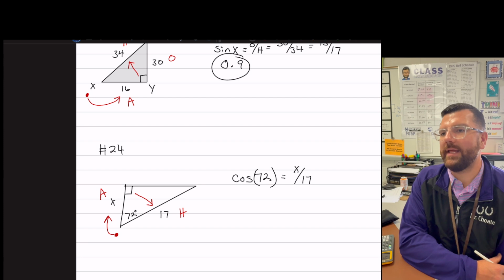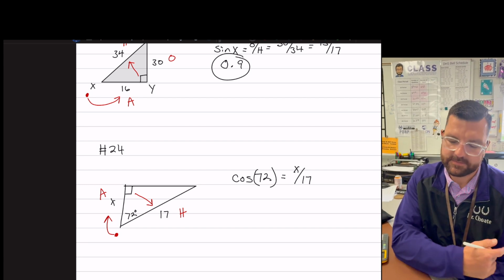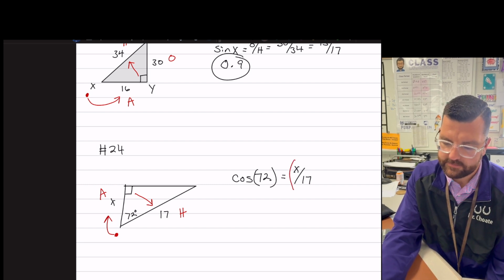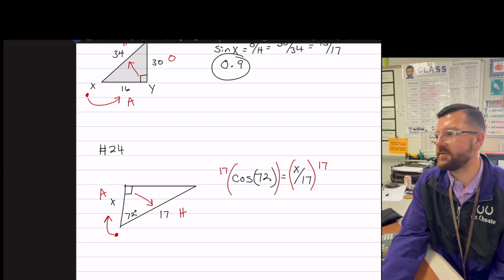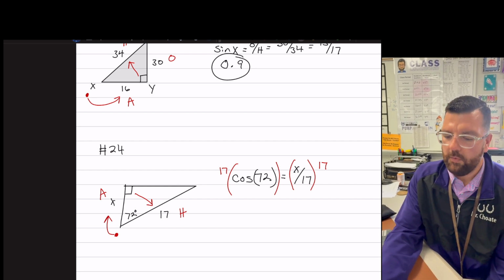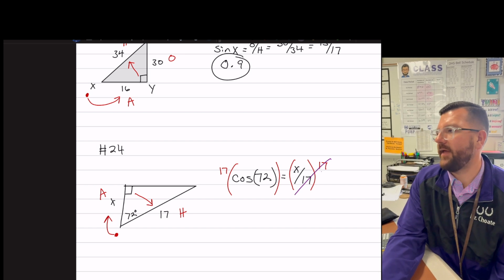And I'm trying to get x by itself. I'm trying to solve for x. When your x is on top, in the numerator position, you're going to multiply both sides by the denominator. When you multiply by a number and then divide by it, they cancel each other out.